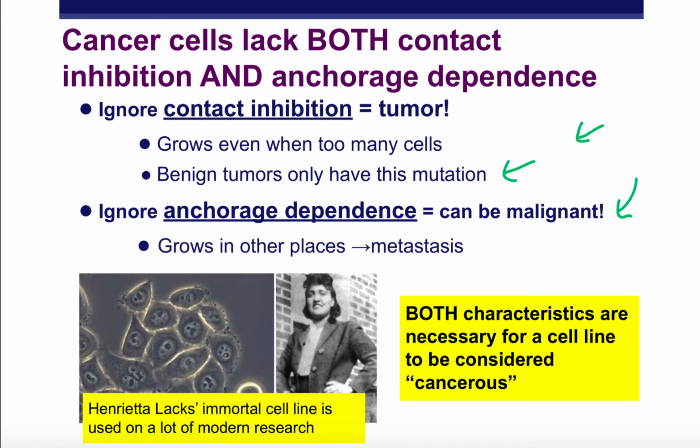One classic example of a major cancer cell is Henrietta Lacks' cervical cancer cells, which are actually a cell line that has been able to continue dividing unlimitedly since it was discovered over 50 years ago. And this cell line has become a really important part of biology research, but there's a lot of ethical problems with how the cells were obtained.